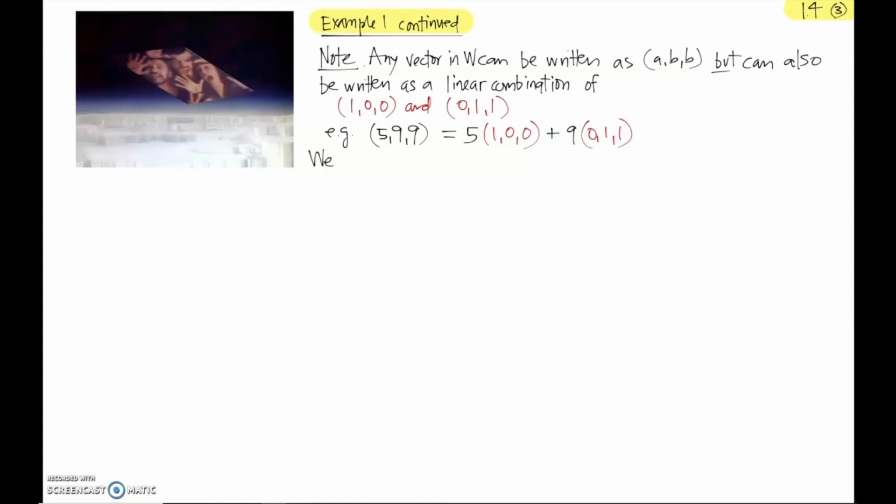But when we find vectors that can generate the whole space, we say that (1, 0, 0) and (0, 1, 1) span the set W, because any vector in W can be generated by those 2.